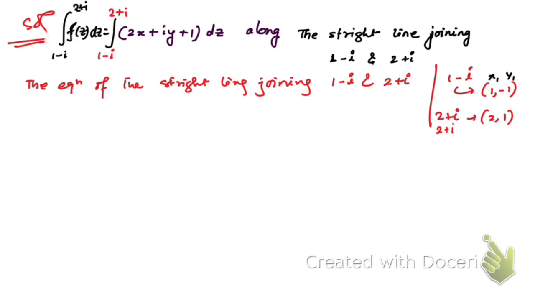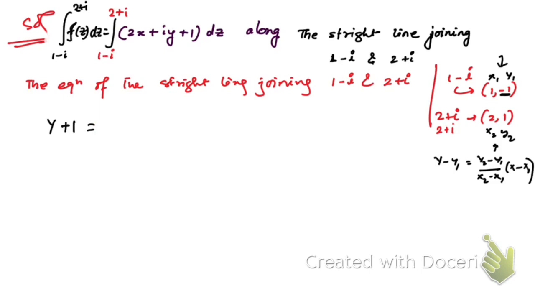So now let us take this one as x2 y2, and the equation of a line joining x1 y1 and x2 y2 is given by y minus y1 is equal to y2 minus y1 divided by x2 minus x1 into x minus x1. If we apply this formula, we're going to get the required equation. Here y1 is minus 1, so y minus y1 is going to be y plus 1.